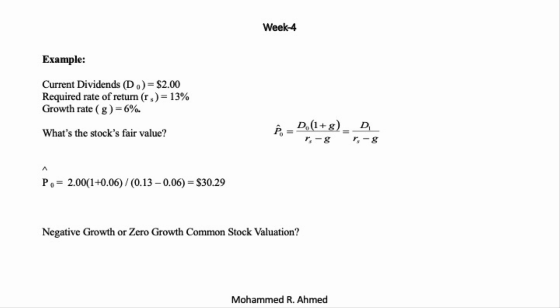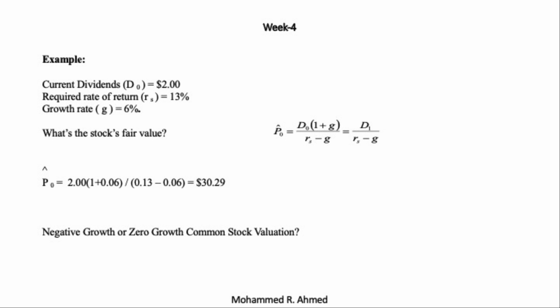P0, or the expected price of the common stock at period 0, which means today, equals $2, the current dividend. To compute the dividend for the next period, which is D1, we multiply 2 times 1 plus 0.06, and then divide that by the required rate, which was given to you, 13%, 0.13, minus the growth rate of 6%, which is 0.06.